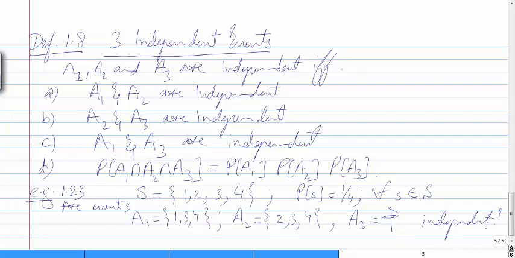First of all, I have to check the independence of A1 and A2. For that, let's first write the probability of A1. It is an equally likely event with 3 outcomes, so it becomes 3 by 4. Similarly, the probability of A2 has 3 outcomes, again 3 by 4, and for A3 there is no outcome, so the probability is 0.